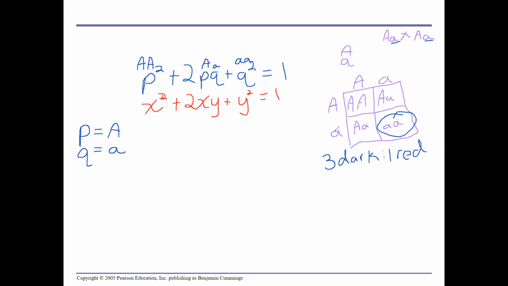That said, we can use this Punnett square to represent the expectation of a population. If you've got 1,000 individuals in a population and you've got a simple dominant recessive trait like dark hair, red hair, then you're not looking at possible offspring of two individuals.